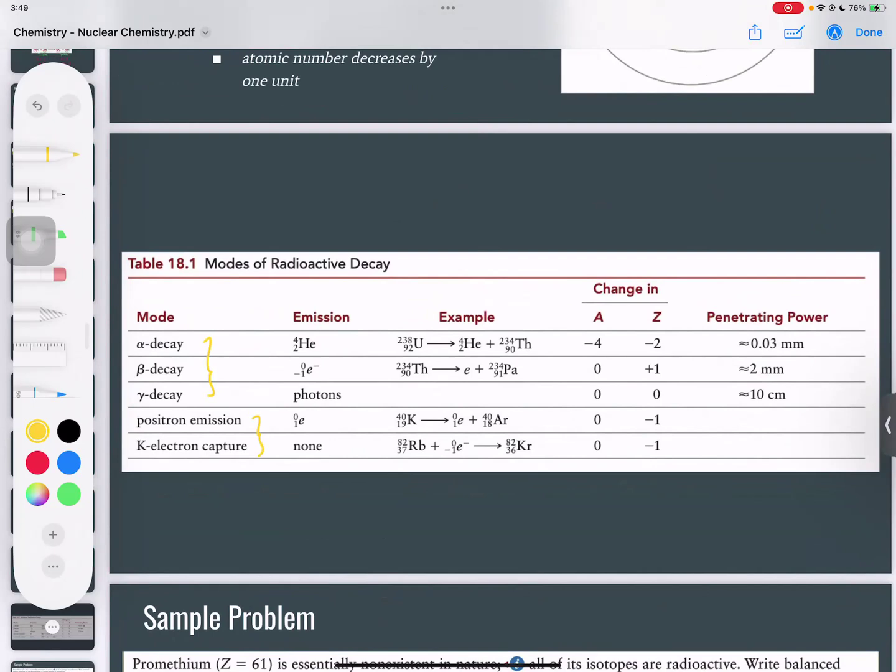For beta decay, that is an electron. For gamma decay, a photon, negligible. Positron emission emits a positron, a positive electron. K-electron capture emits nothing, only absorbs. Then we have the charges and the penetrating power, how much they could penetrate.